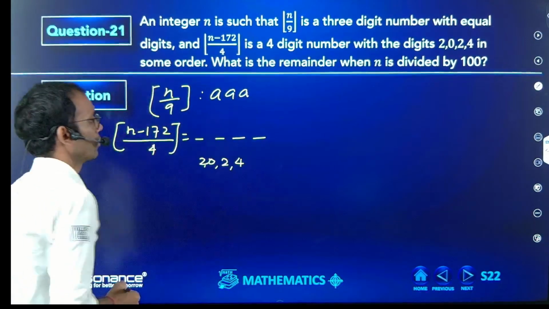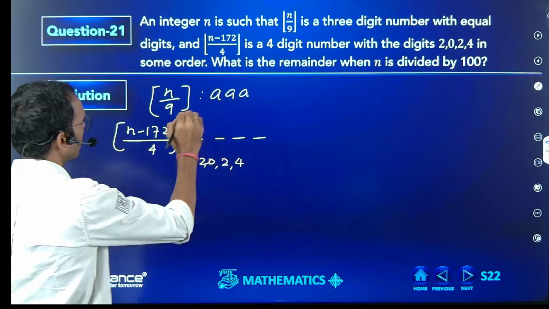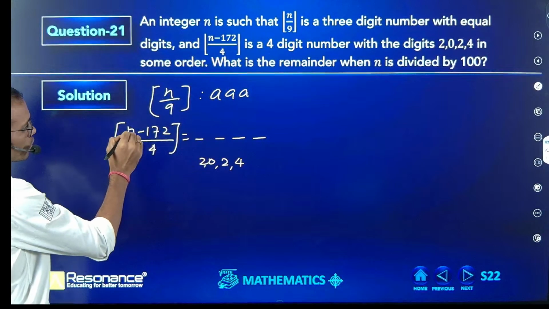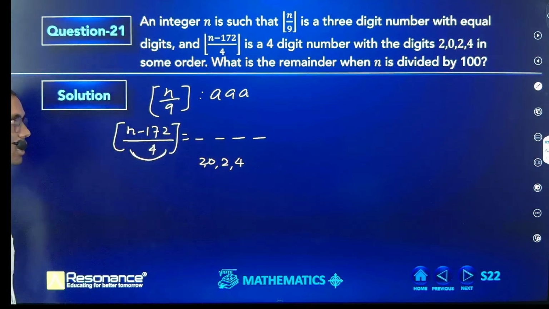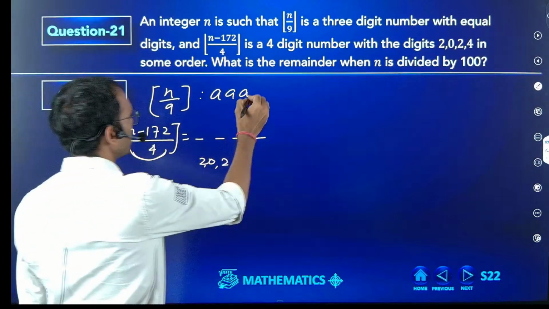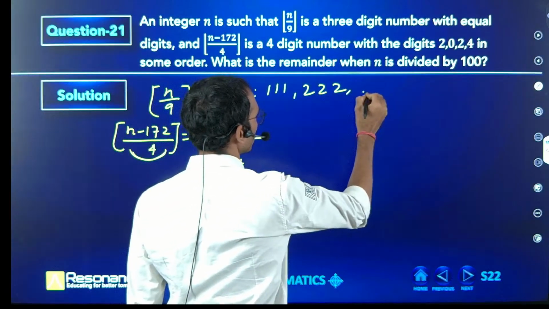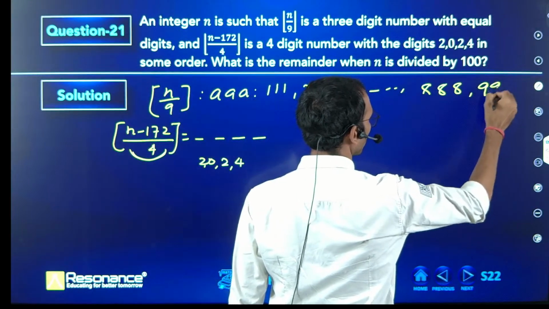2, 0, 2, 0, 2, 4. Okay. So if you see this pattern and if you multiply with 9, that means this number n should be, that means the minimum value should be more than 8000. Consider this number in the form 111, 222 up to 888 and 999.